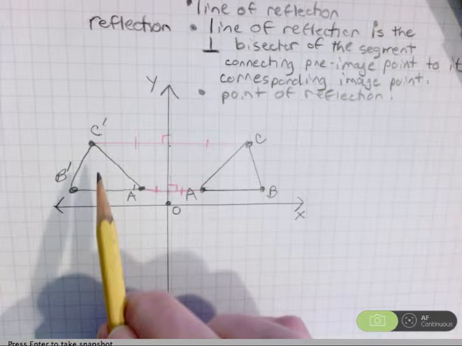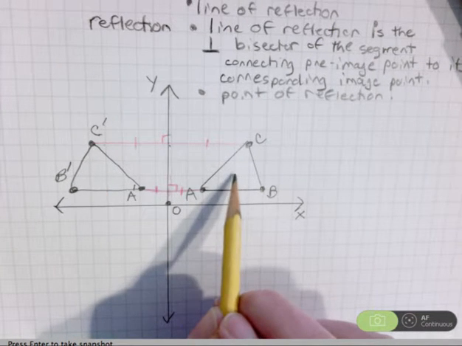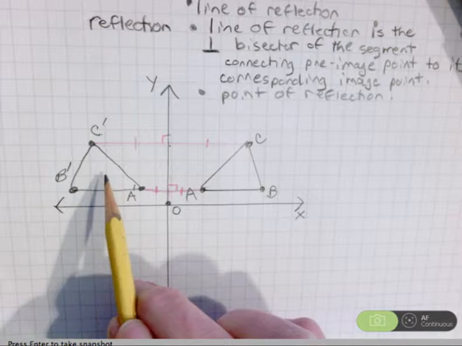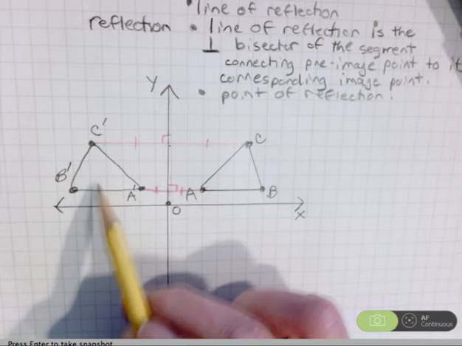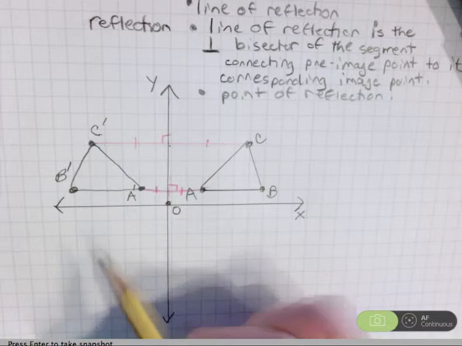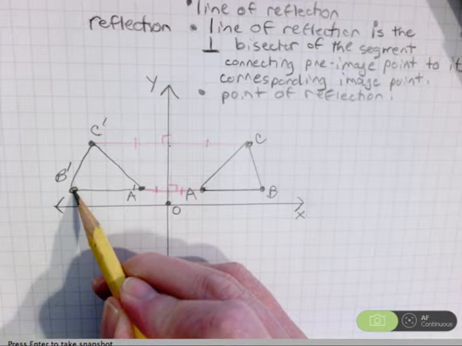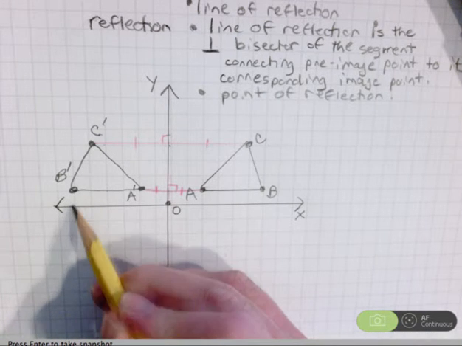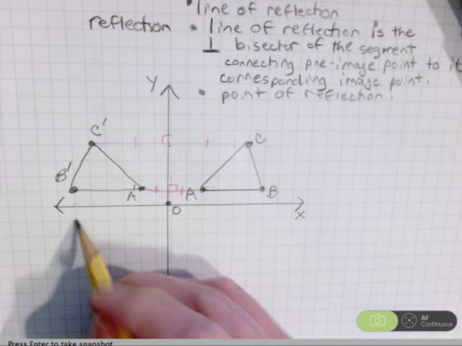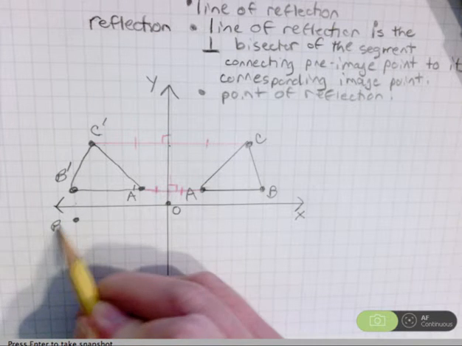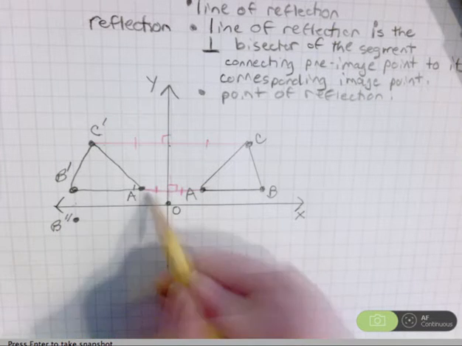Let's use this image because we already reflected this preimage across the y-axis, and then we'll reflect it across the x-axis. So point B prime is 1 unit up from the x-axis, so we'll put B double prime 1 unit down from the x-axis.